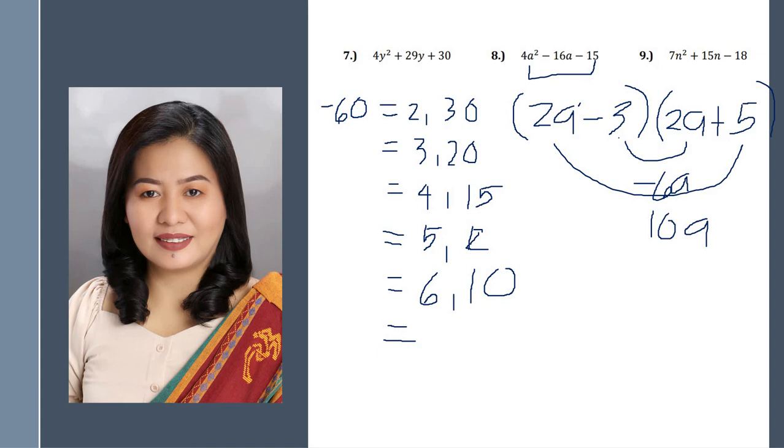So therefore we conclude that number 8 cannot be factored because there's no pair of factors that will give the middle term. Okay, so we move to the next number. Again, number 8 is non-factorable.